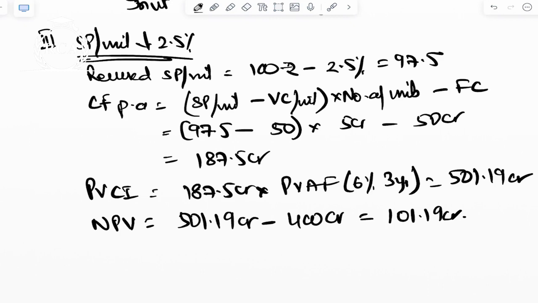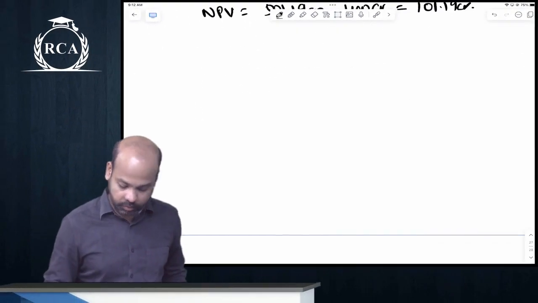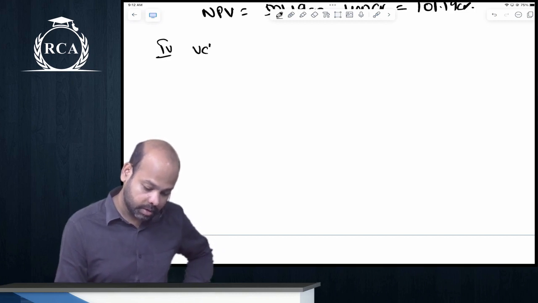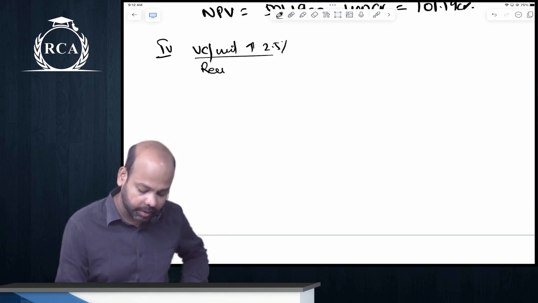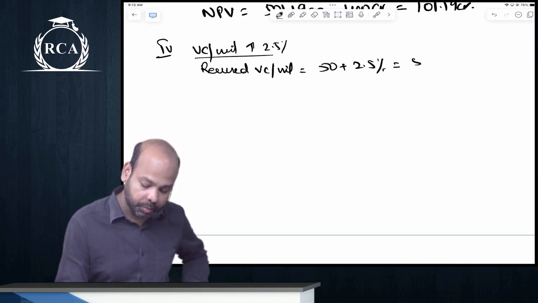Yes beta, did you all get the answers? कितना आया? Fourth bit guys. क्या कम करना है बेटा? Variable cost per unit you have to increase by 2.5%. So you will take revised variable cost per unit as how much beta? 50 plus 2.5%, 51.25.